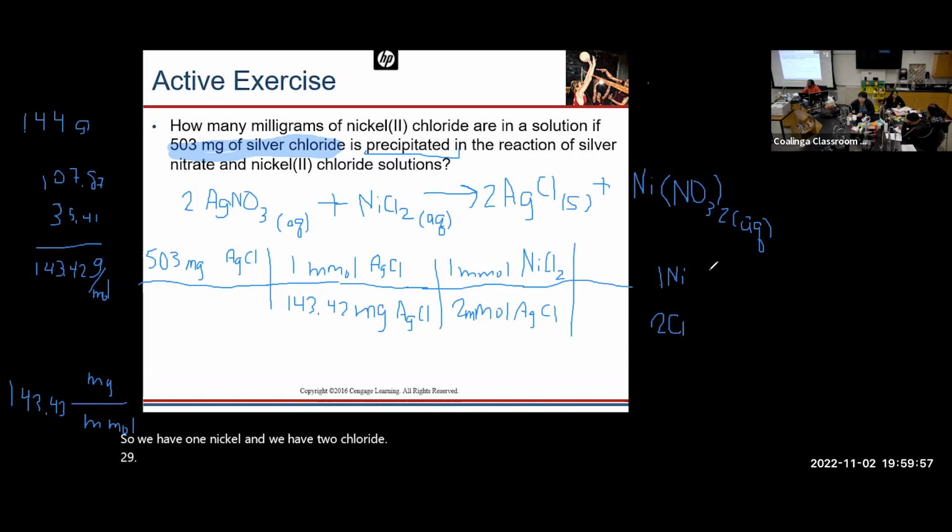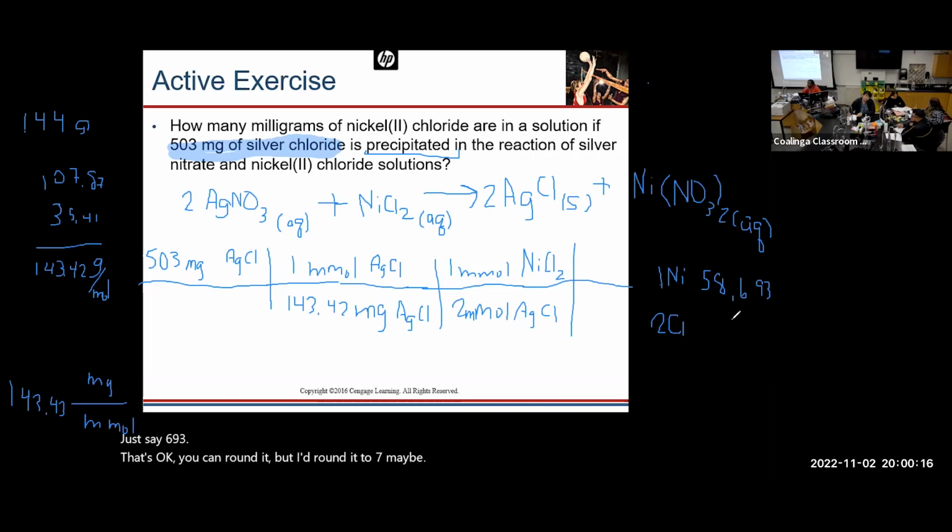So nickel is 58.693. That's what's on it. You can round it, but I've rounded to 58.7.